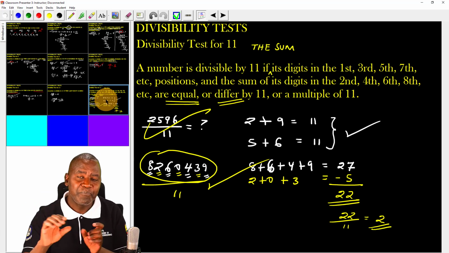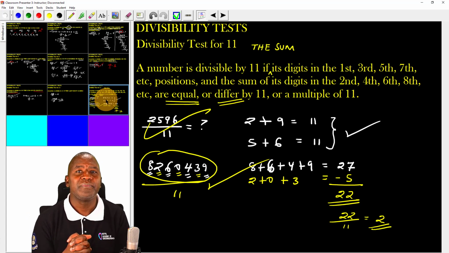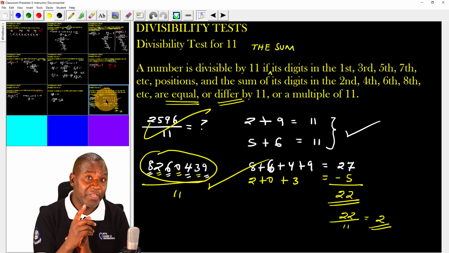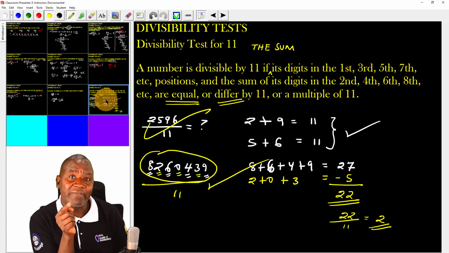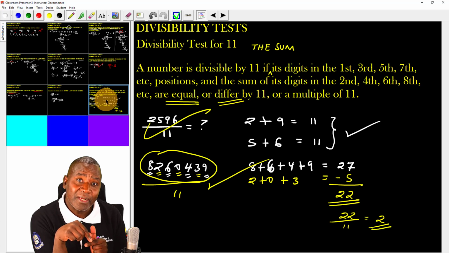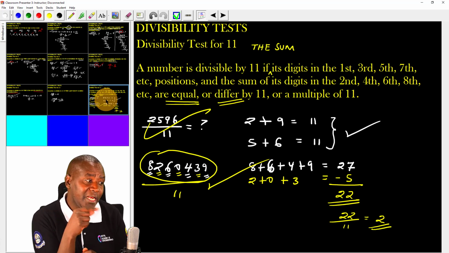Once you add them, you compare the two numbers. If they are equal, or if the difference between them is 0, which means they are equal, then that number is divisible by 11. If they are different, find the difference between them. If the difference between them is 11, then that number is divisible by 11.